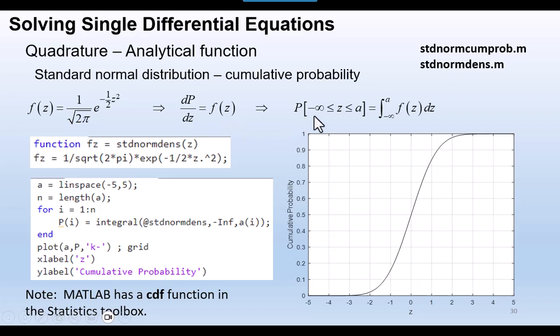So the probability from minus infinity to a is the integral from minus infinity up to a of this particular function. And that's what we accomplished here. We also note toward the bottom here that this is handled automatically with a MATLAB function called cdf, which is available from the statistics toolbox, although we don't illustrate that here.